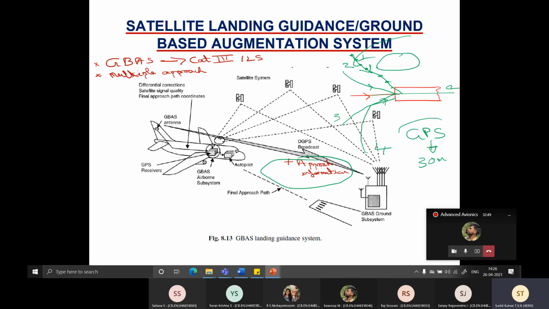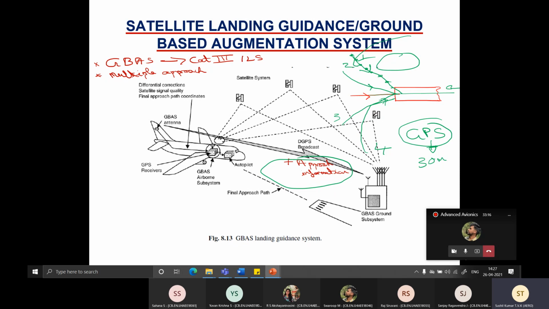Everything depends on the accuracy of the GPS. After all, the signals are coming through the atmosphere, and there can be so many losses or other things which will create errors in the signal. So you can't avoid this 30 meters, as a rough estimate.